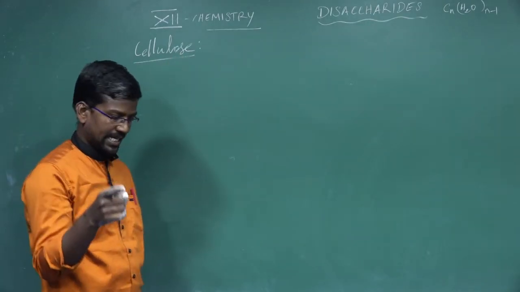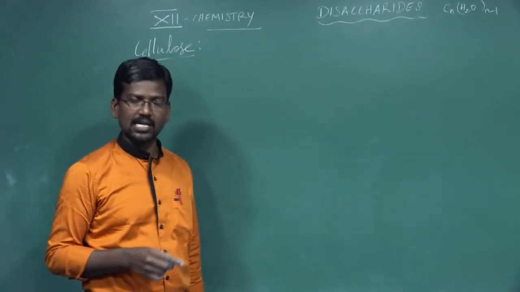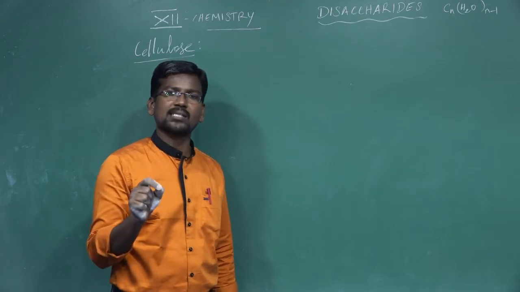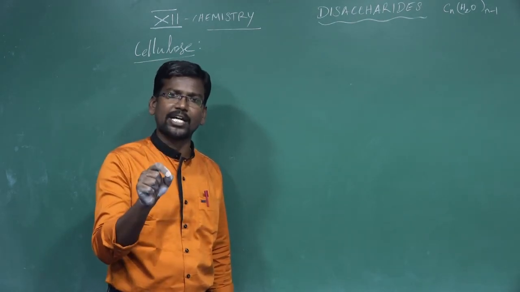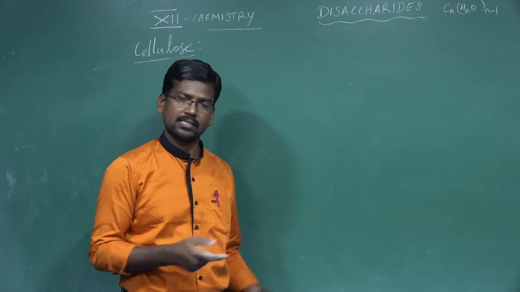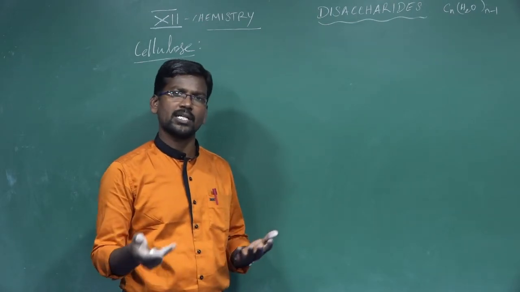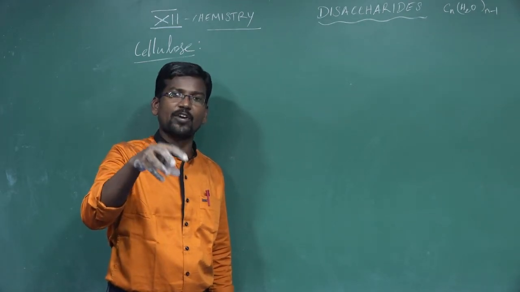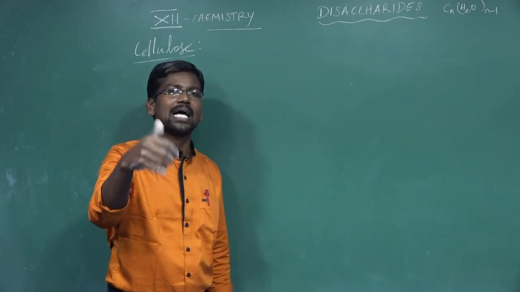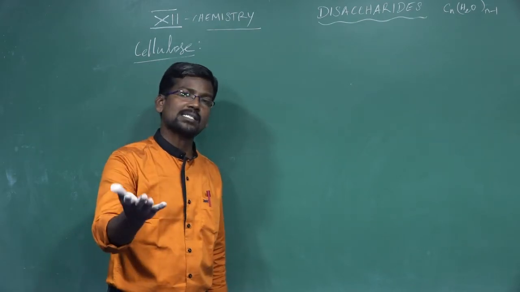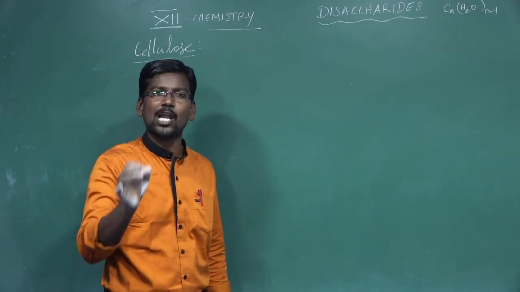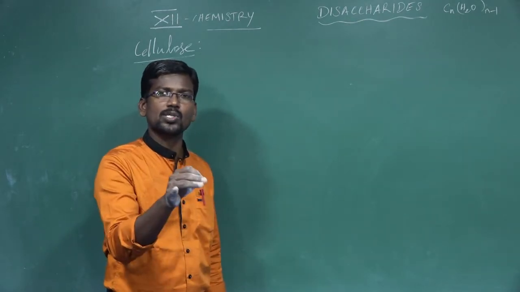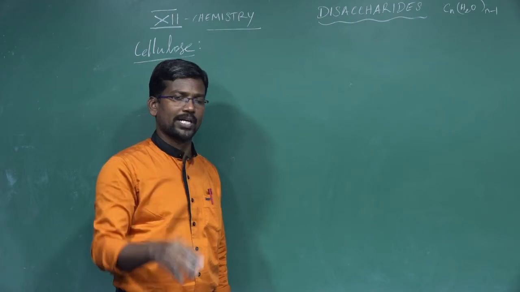As I already told you, there are two types of polysaccharides: homopolysaccharides and heteropolysaccharides. Homopolysaccharides contain only one kind of monosaccharide unit, for example starch, amylose, amylopectin, and also cellulose. Heteropolysaccharides contain different kinds of monosaccharide units, for example hyaluronic acid and heparin.